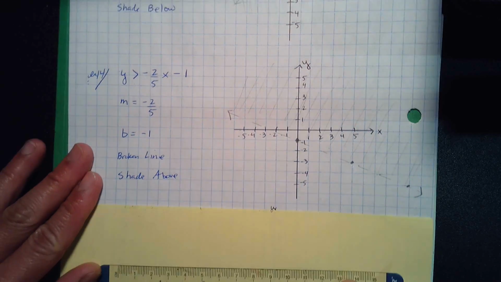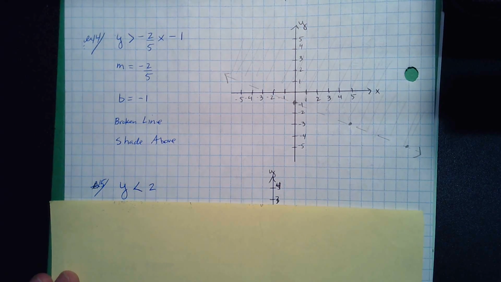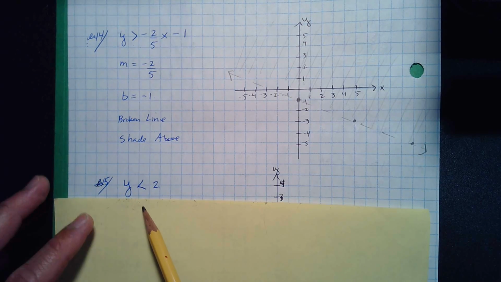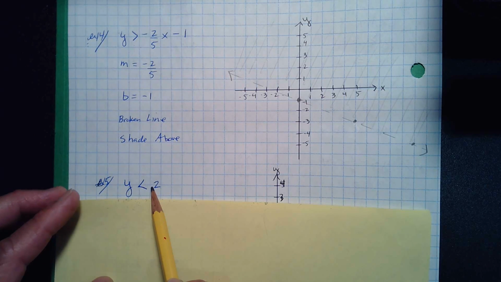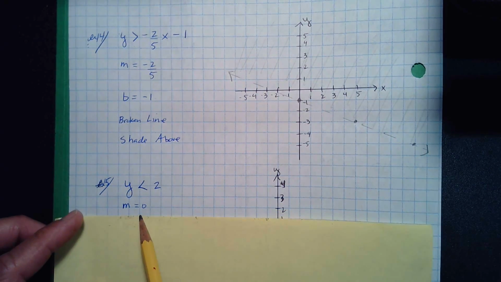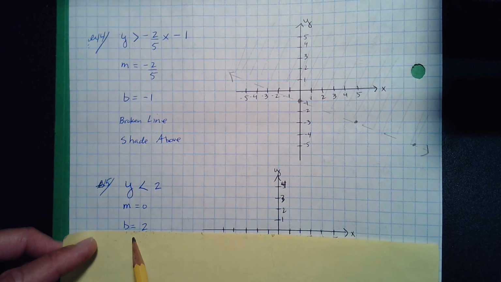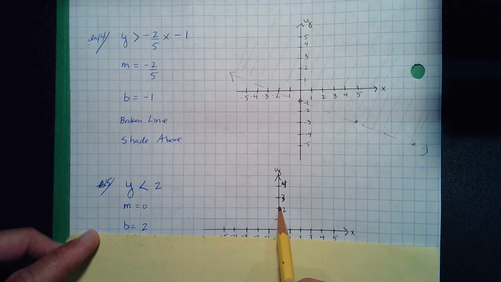Last example, example 5. Now we have y less than 2. So this should look familiar to you. If you don't have the x variable in this inequality, that means the slope is 0. Slope is 0. Y-intercept is 2. And remember, it's going to be a horizontal line.